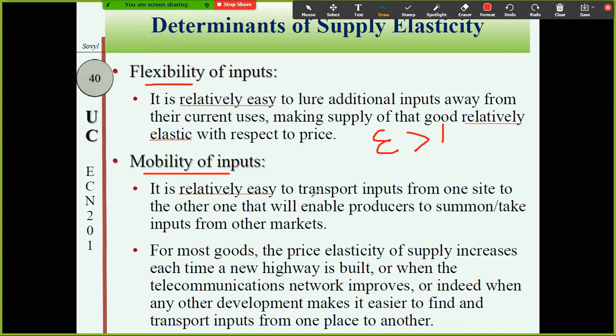If it is easy to transport input from another production site to ours, then our price elasticity of supply will be elastic.